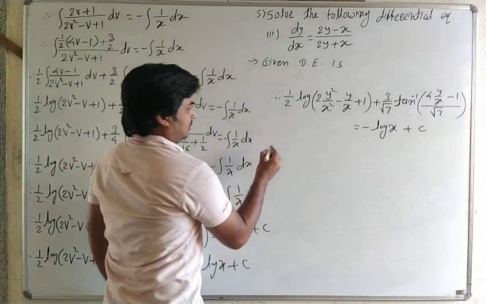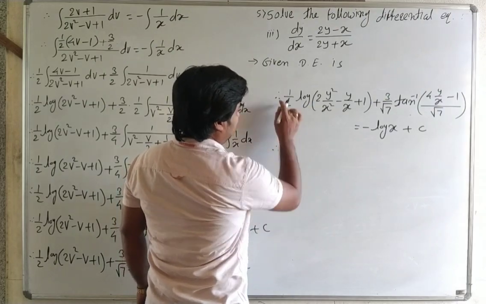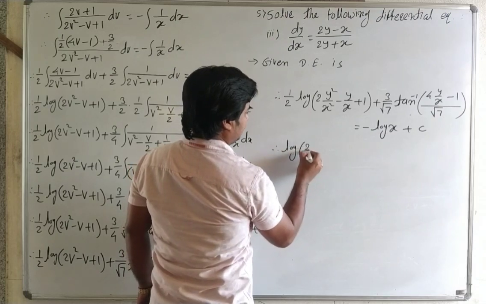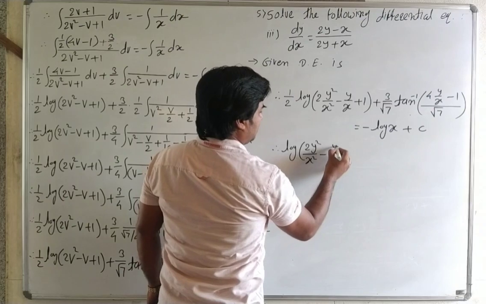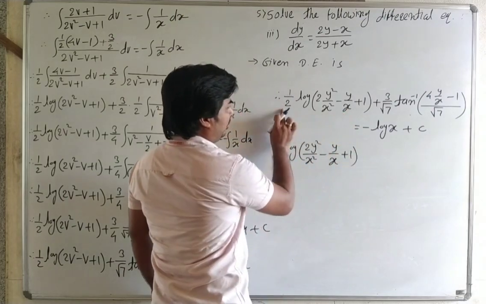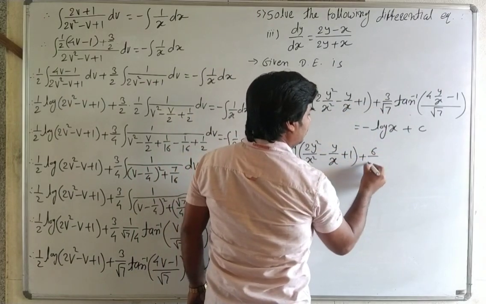Now for the simplification, here we multiply throughout by 2. Then these 2 get cancelled, and it is log of 2y square upon x square minus y by x plus 1. As it is, only the 2 gets cancelled. Here multiply by 2, then it is 6 upon under root 7.